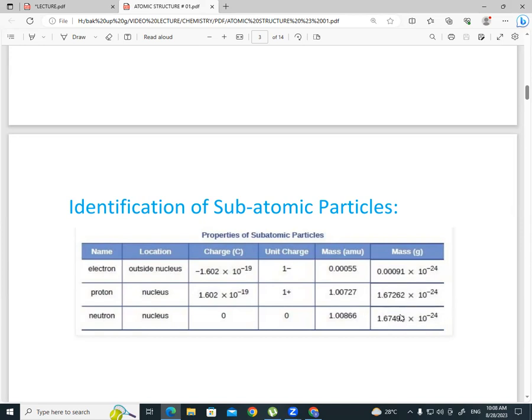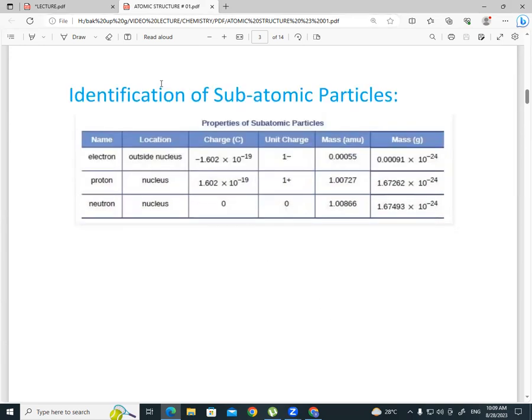There is a very little bit of variation, but when we see the mass of the electron, we find that the mass of the electron is very much less than the proton and neutron. So we neglect the mass of the electron when we talk about the mass of an atom. We just take the mass of proton and neutron in an atom, and we neglect the mass of the electron.